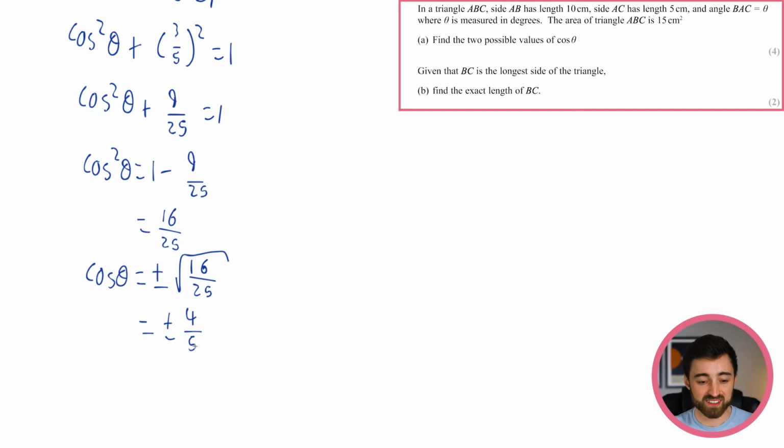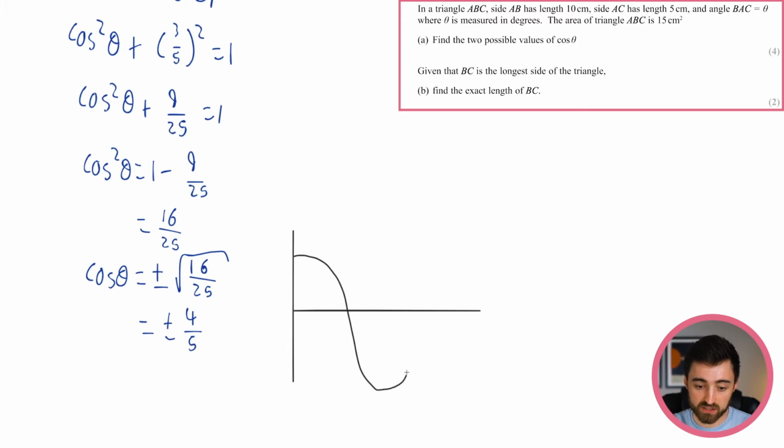Now, you might think, wait, can I have a negative value of cos? You definitely can. If you think about the cos graph, it goes like this. So this is 90 degrees. If theta is more than 90, it's going to give me a negative cos value. So this is completely fine.